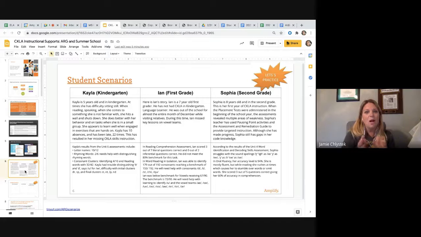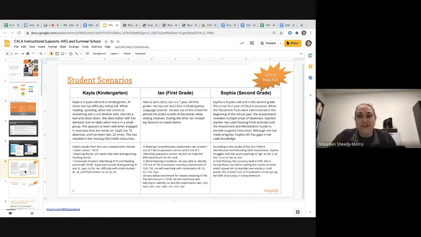But as we move on, 2nd through 5th grade, that's when our gaps get bigger and bigger. And we need to make sure that we're understanding that progression of code that happens K through 2, so we can help our teachers go back, hone in exactly where that gap is, find where the instructional materials are to fill that gap, and then keep them moving so that gap doesn't get bigger.